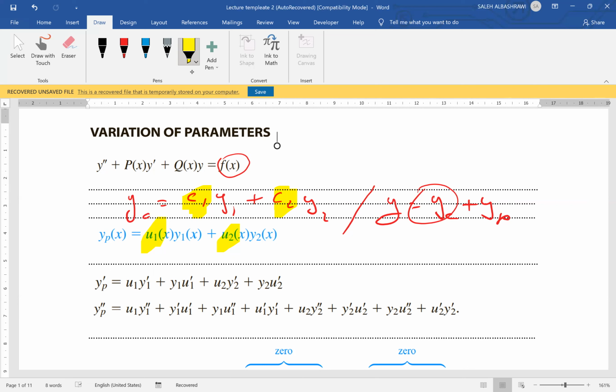And the main idea for this method is to find the value for these two functions, u1 and u2.